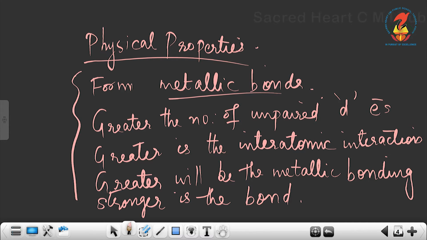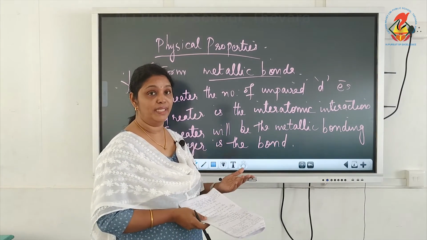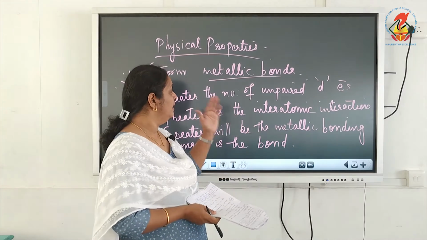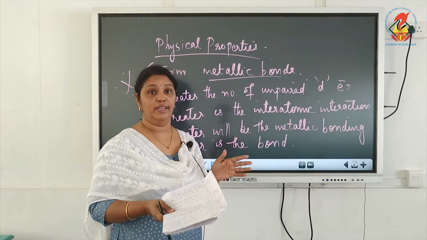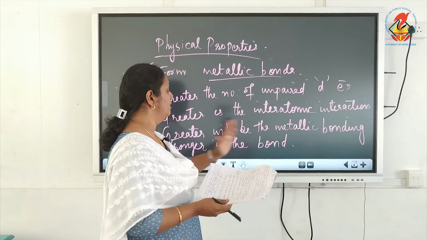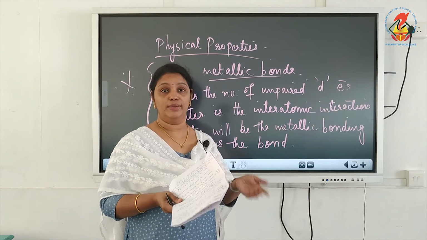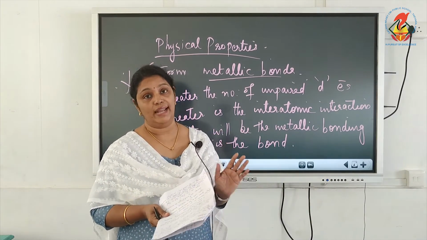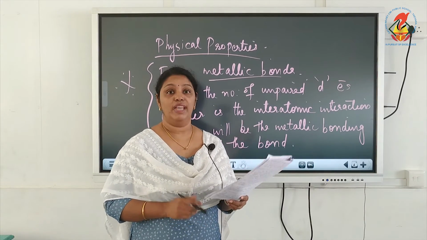So this is a very important point to be noted. I told you the transition elements form metallic bonds. So greater the number of unpaired electrons in the d orbital, greater will be the interatomic interaction, or greater will be the metallic bonding, and stronger will be the bond. As the number of unpaired electrons in d orbital increases, we have a very strong metallic bonding present in d block elements.